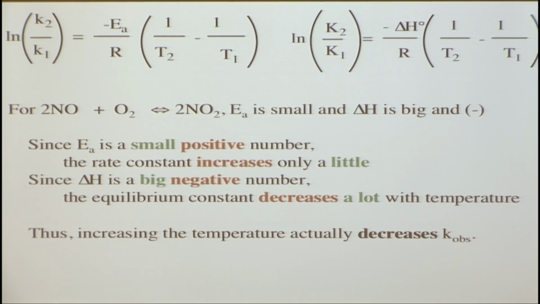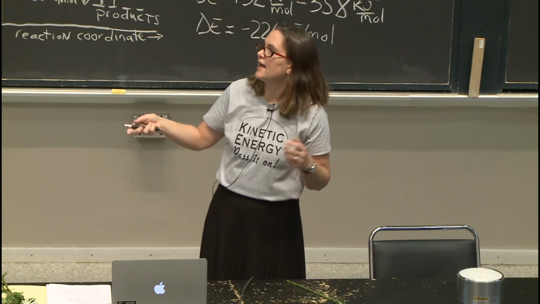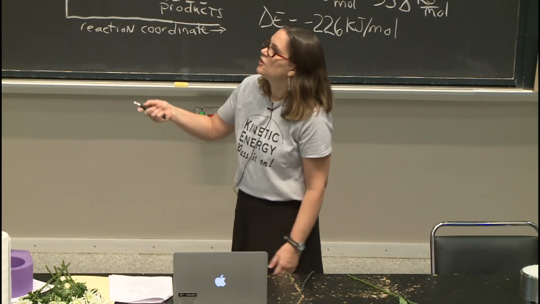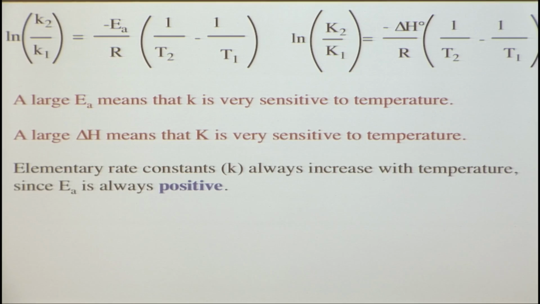And so for any reaction, it depends on the magnitude of EA and the magnitude and the sign of delta H. So again, large EA means very sensitive to temperature. Large delta H means that the equilibrium constant is very sensitive to temperature.